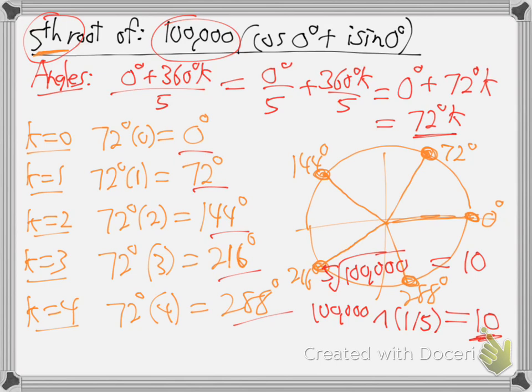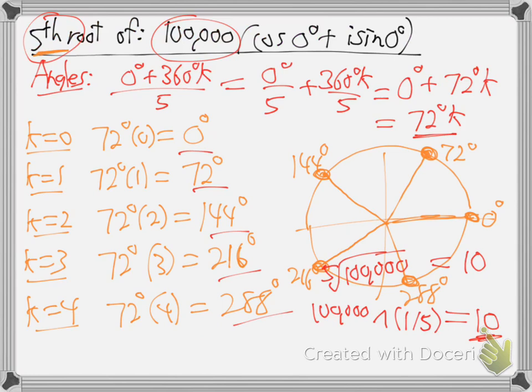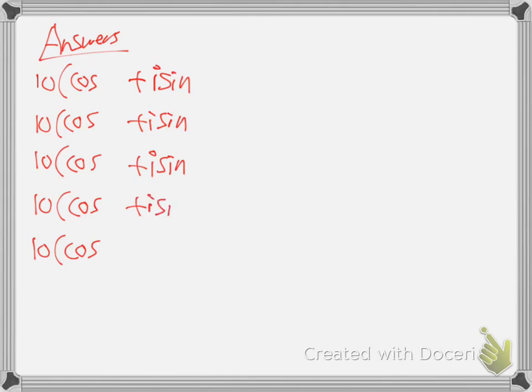So let's write down our answers now. They're all going to have a 10 in the front, and then cosine plus I sine, and the angles will be those 5 angles. But they're not going to let us stop there, are they? No, we have to go on and do the calculator thing. So the answers all have a 10 in the front: 10 cosine plus I sine, five times.